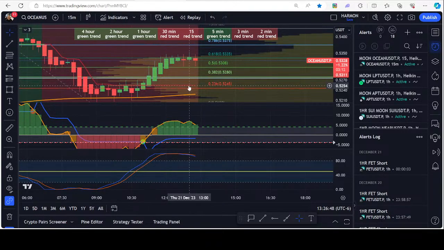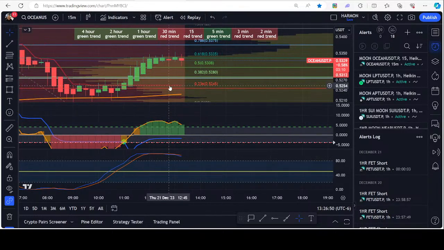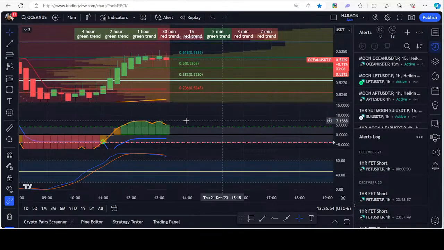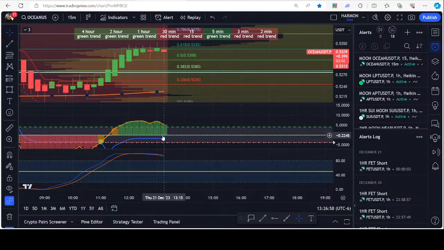So until we get that there, I don't need to look at everything because it doesn't really matter right now. As soon as this red moon comes in, or I get an alert for a red moon, then I will look at the 1 hour RSI. But right now, who knows how long this 15-minute moon is going to take? Might not even come.